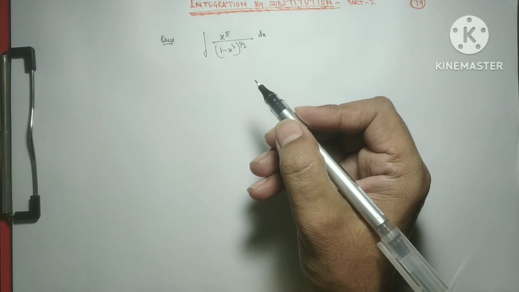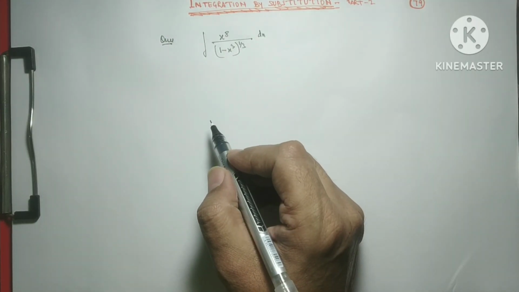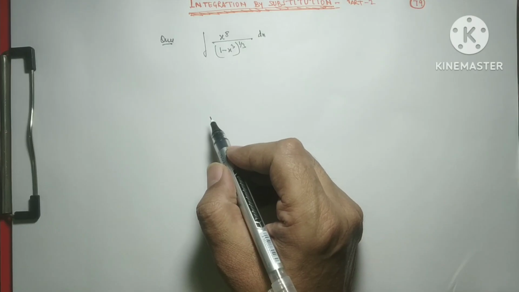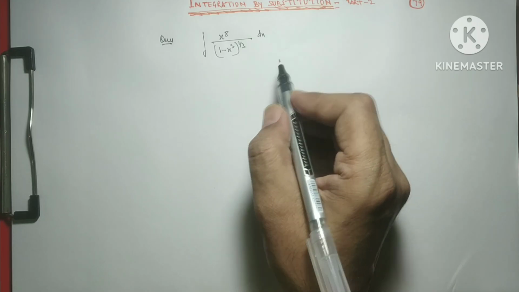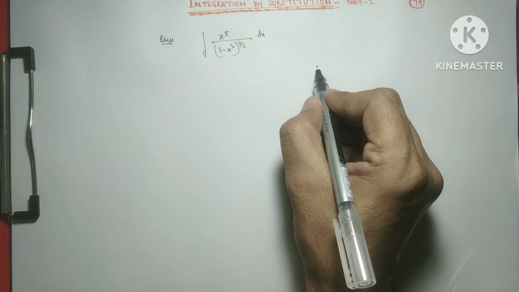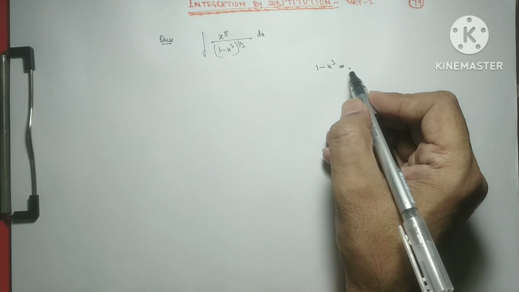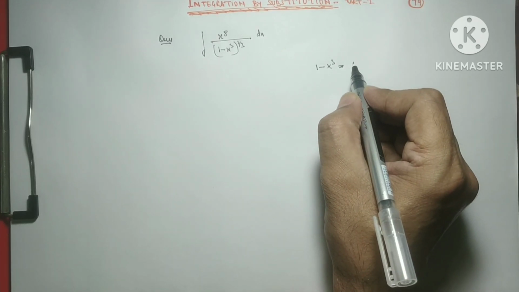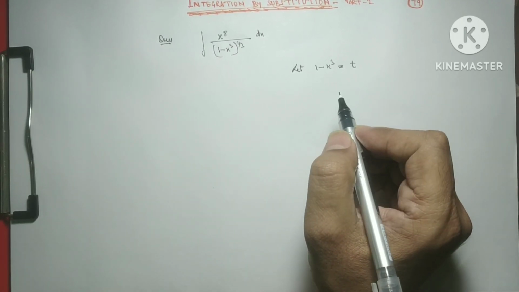We have the formula for x to the power n, but this is not simple, as we can't use the x to the power n formula directly. So we will use the substitution method, and we consider 1 minus x cube as, you can say, t cube, or maybe you can take t also. So let 1 minus x cube be t.